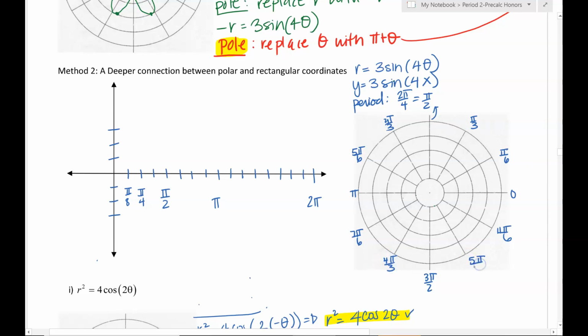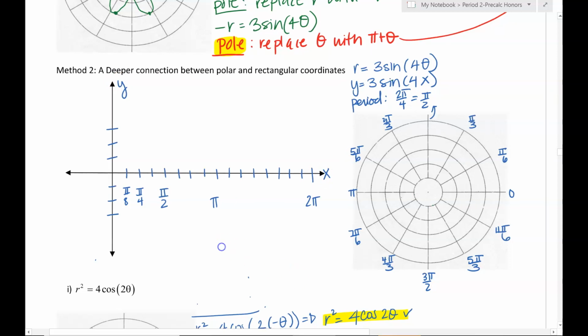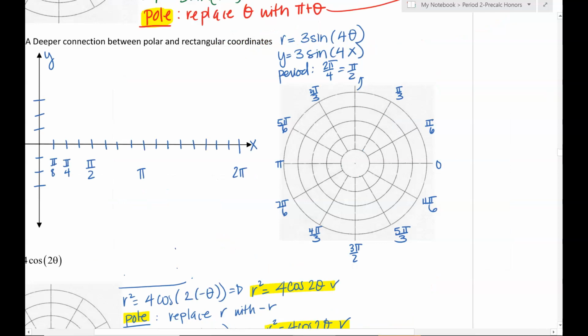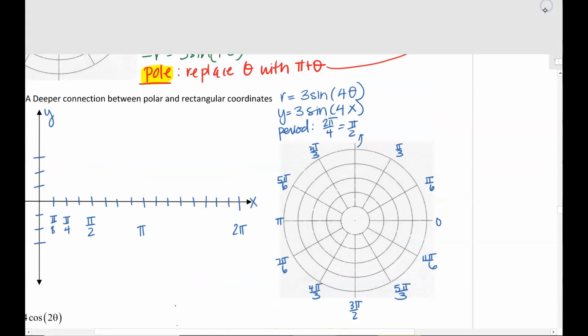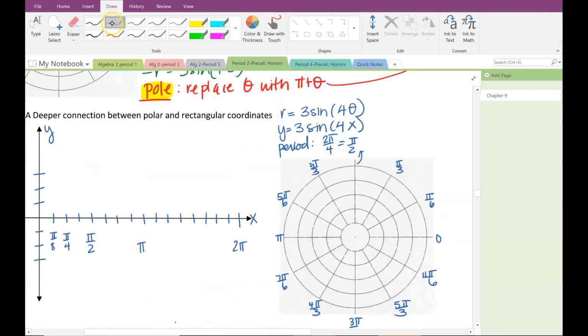Okay. Now, because each tick mark on our x and y coordinates equates to a pi over 8, what I will also do is make a denominator of 8 for just the main ones. How about if I use a different color for that? We will go red. So this is 8 pi over 8, just like that.